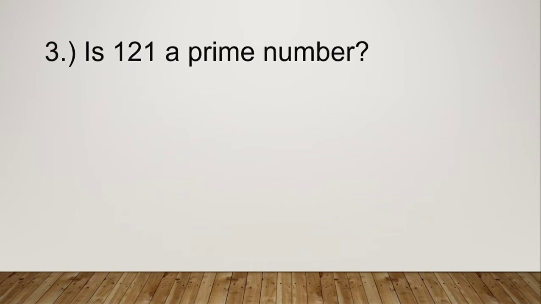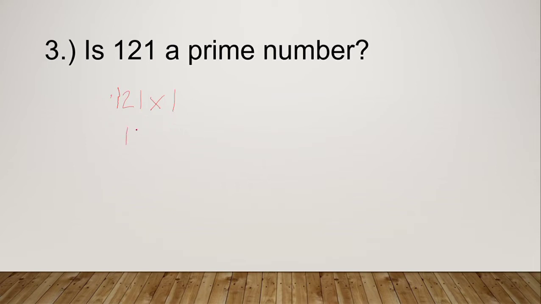The third example: is 121 a prime number? Let's think of the factors of 121. Of course, 121 and 1 are factors of 121. And the other factor would be 11 and 11.